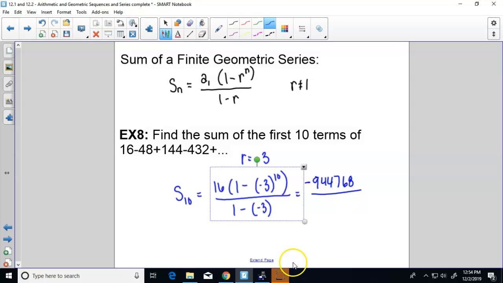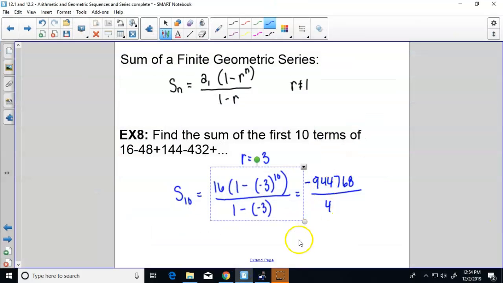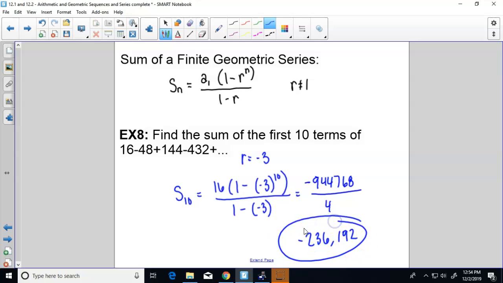In the denominator, we're just going to get 4. So if we divide this by 4, we're going to get negative 236,192. And that would be our answer for number 8.